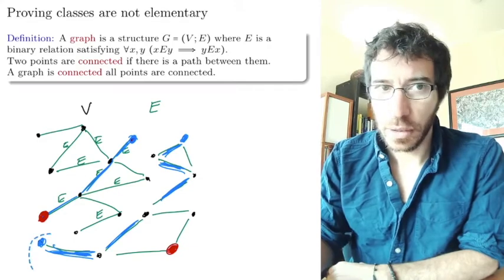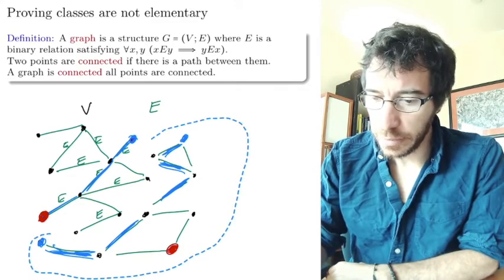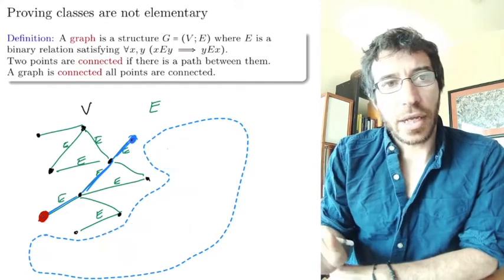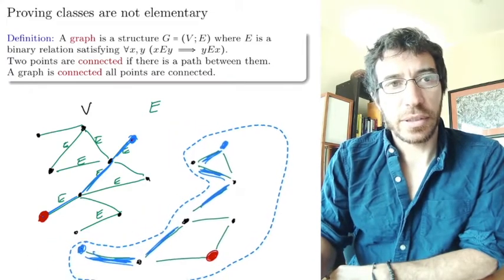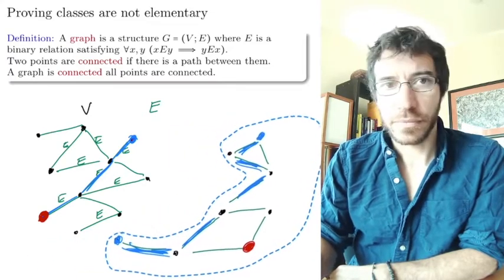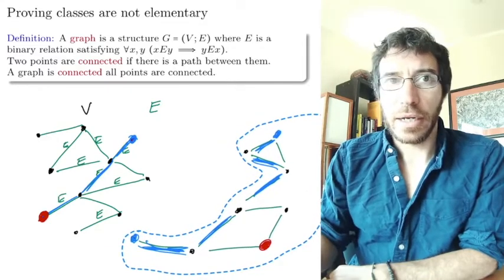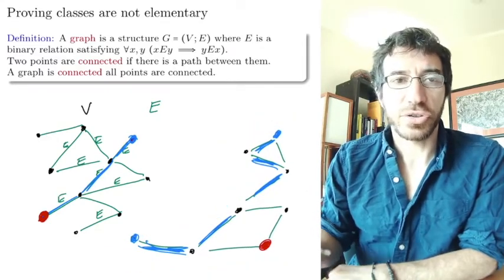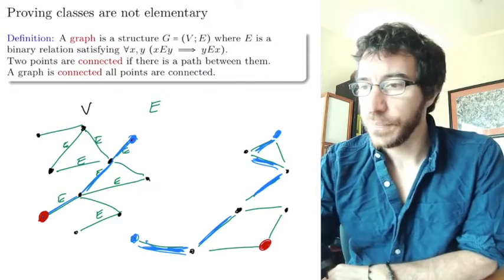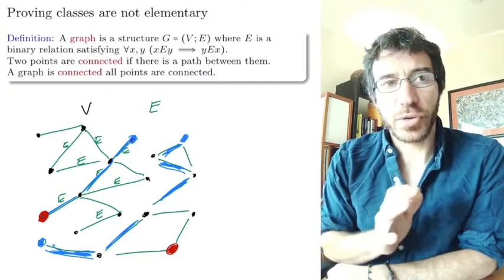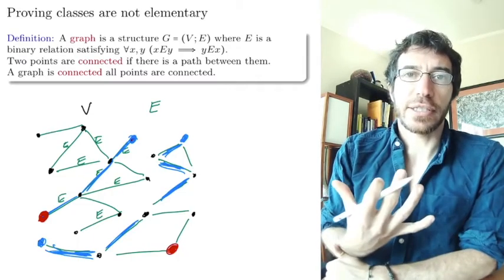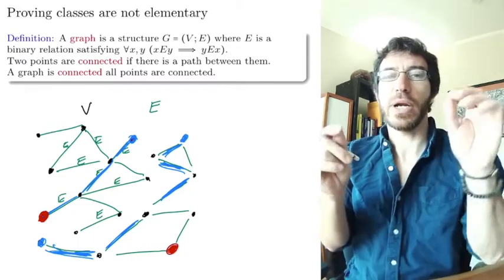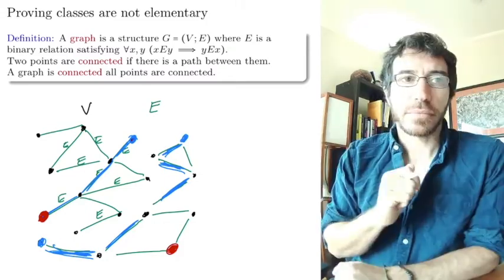There is this part up here that is separated from the rest. It's not connected to the rest. Those two parts are not touching each other, so this graph is called disconnected. A connected graph is one where every two points are connected.